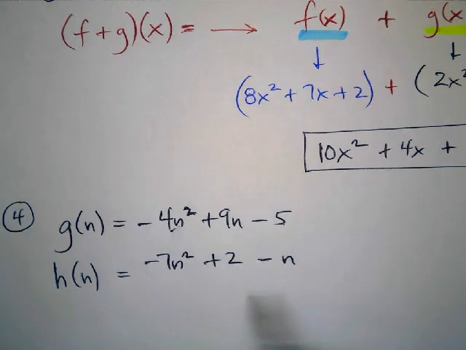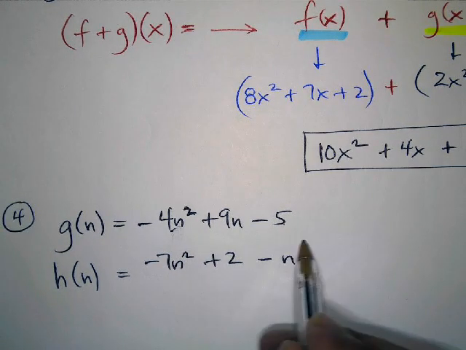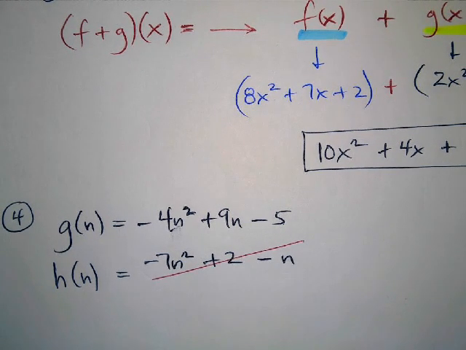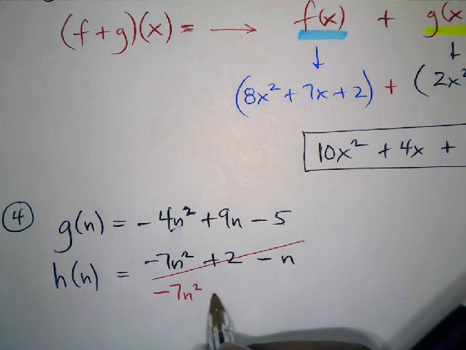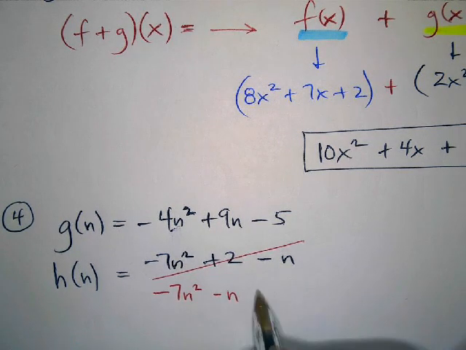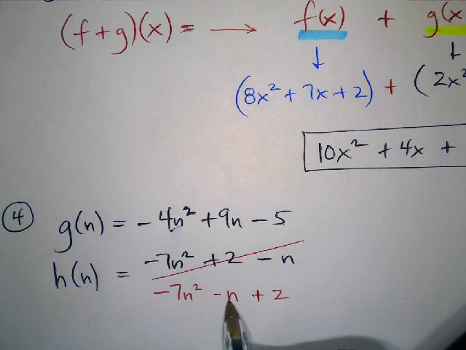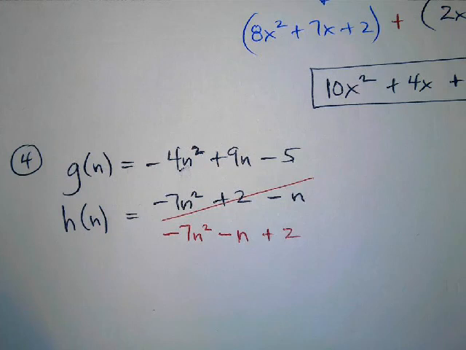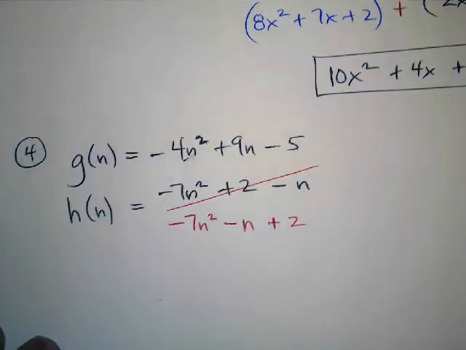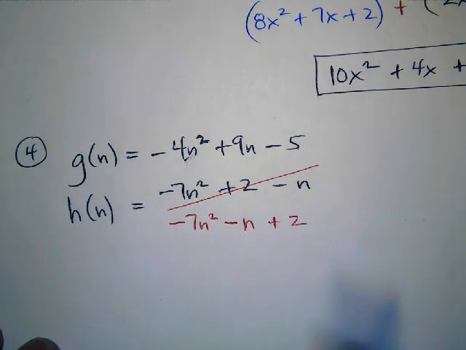This is not the right order. So you might want to fix it and make sure things are always in the right order. It should really be negative 7n squared, and then the negative n, and then the plus 2. Watch out for something like that. They try to trick you.